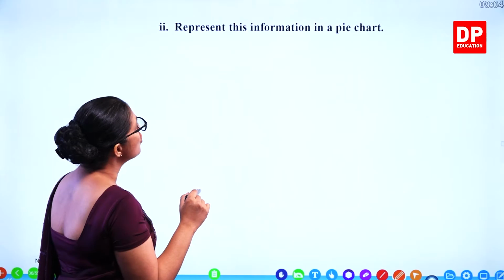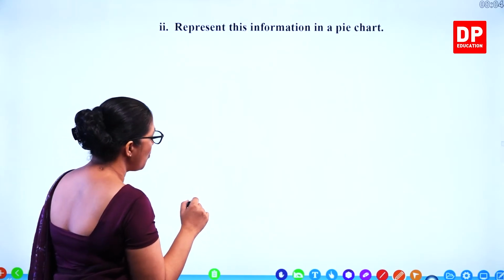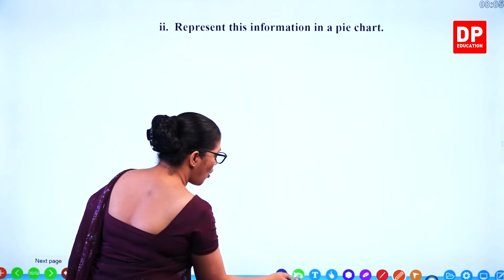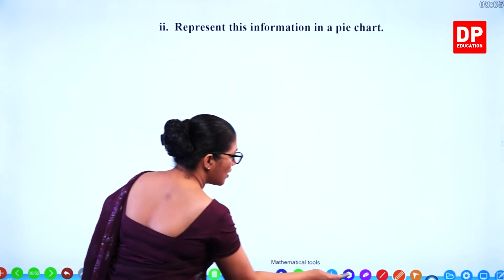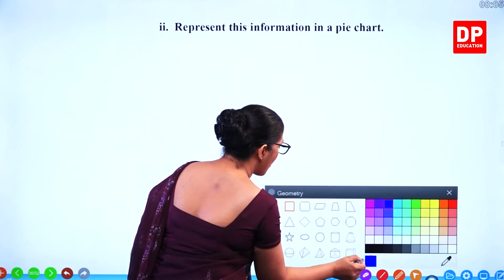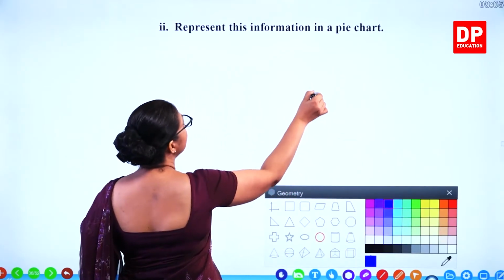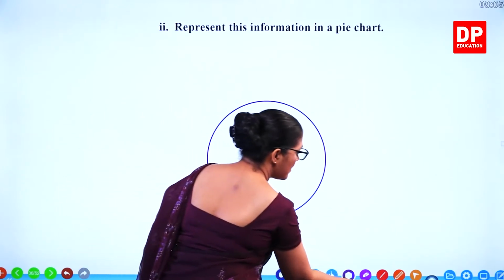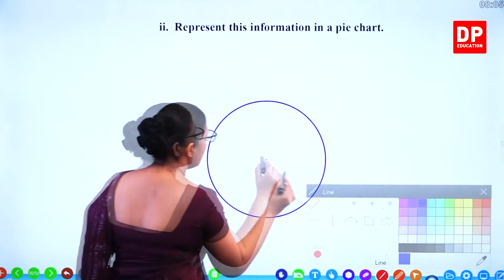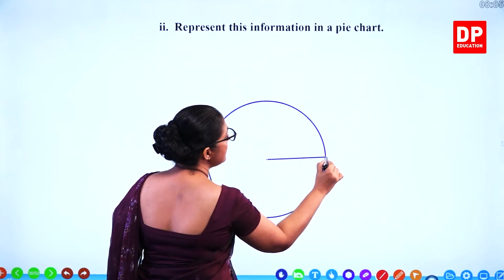So let's take the next part. Represent this information in a pie chart. So we can draw the pie chart. So we can draw a circle. You don't need a compass there. We take this one, and then we know 90 degrees is 1.